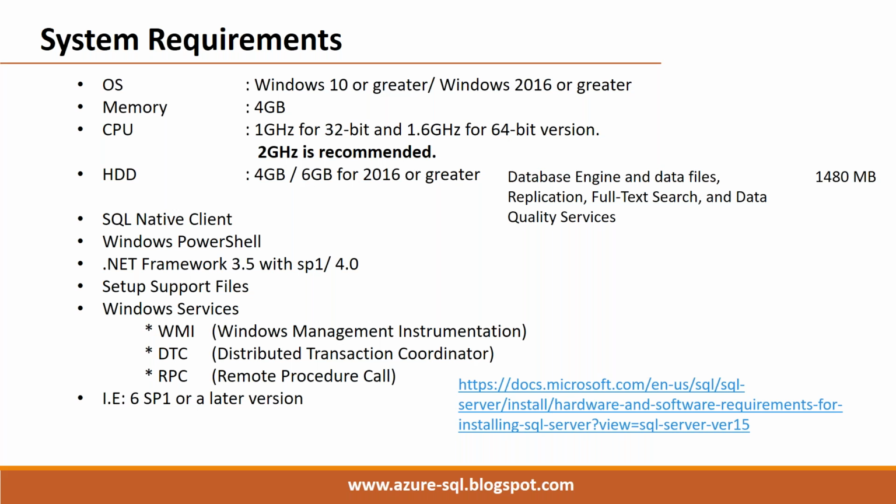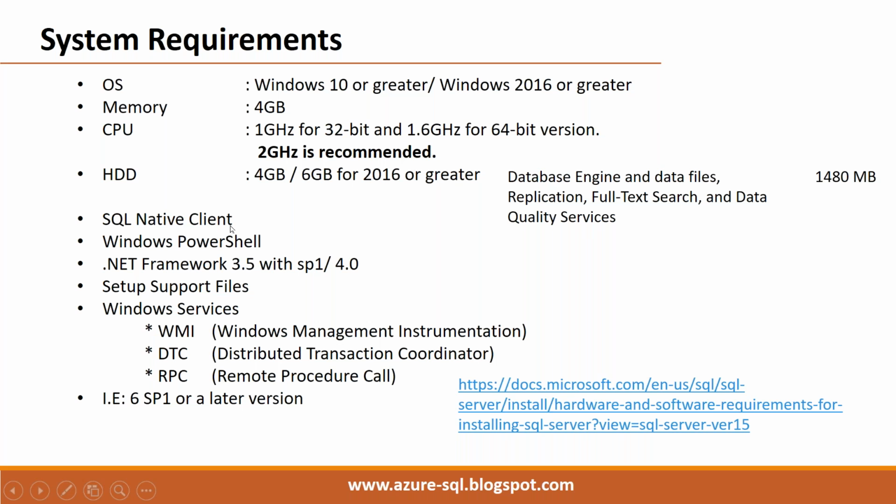Complete means database engine, IS, RS, AS, everything. For the database engine alone, we need almost 1400 to 1500 MB. If I am not installing analysis services and reporting services, we can use almost 1400 MB.